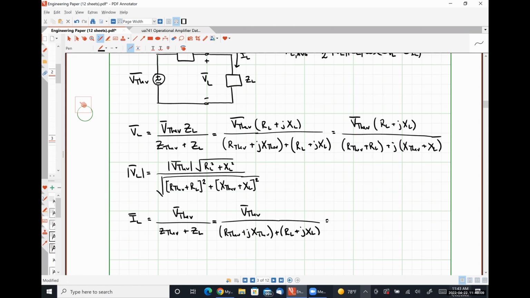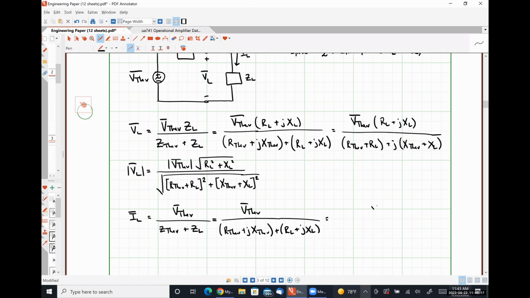And finally, just like I did previously, I'm going to lump together the real parts of my impedance and the imaginary parts of my impedance, giving me V Thevenin divided by R Thevenin plus RL plus j times X Thevenin plus XL.